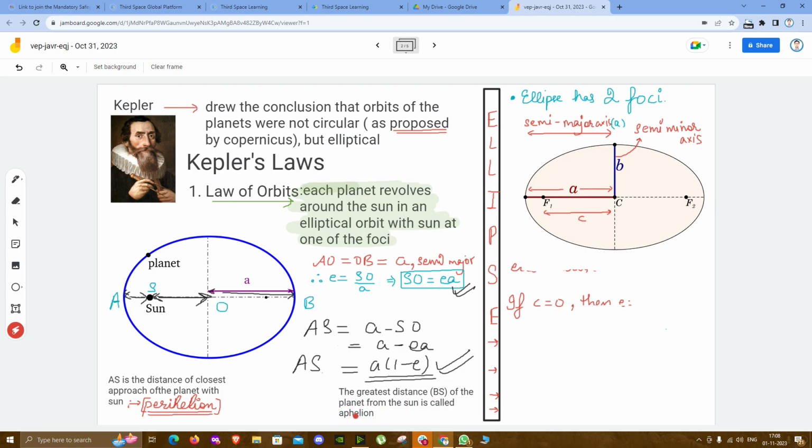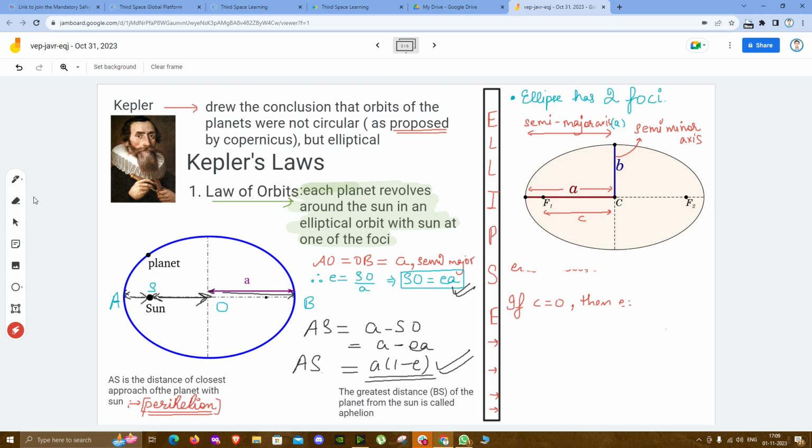Remember that I told you that whenever the word helion comes, it is related to the sun. So here the sun is what we are talking about. The sun is at one of the foci, and a planet is revolving around the sun. So we will be talking about aphelion or perihelion. Aphelion is the farthest distance.